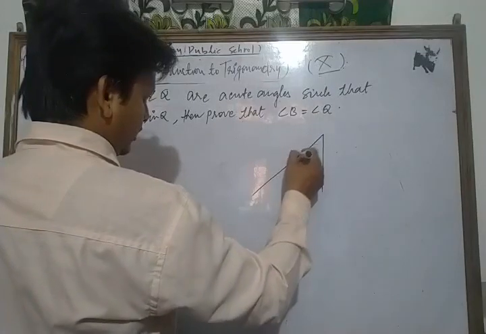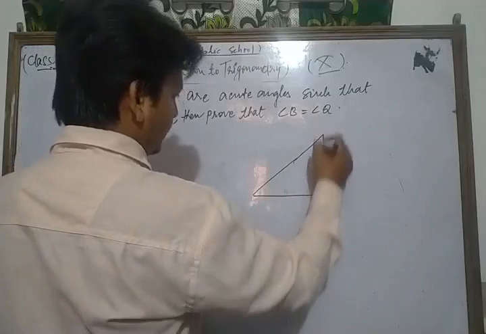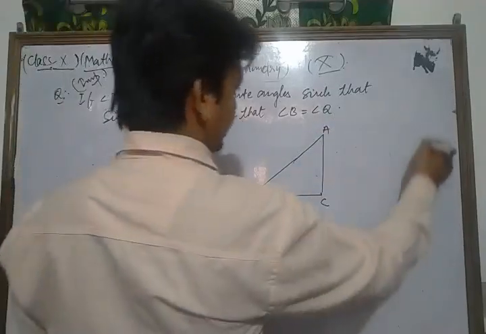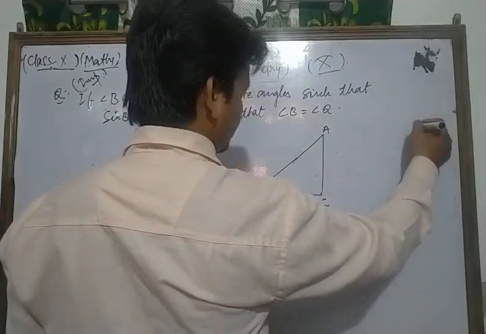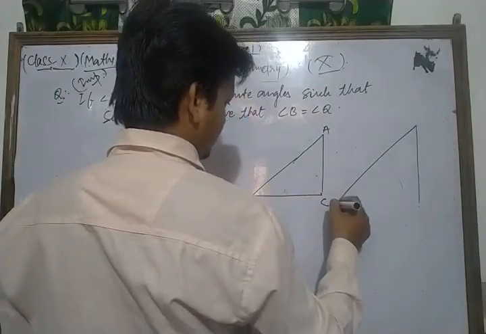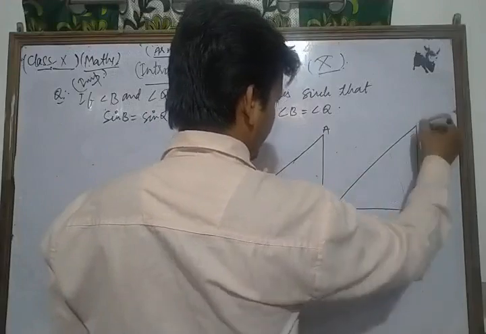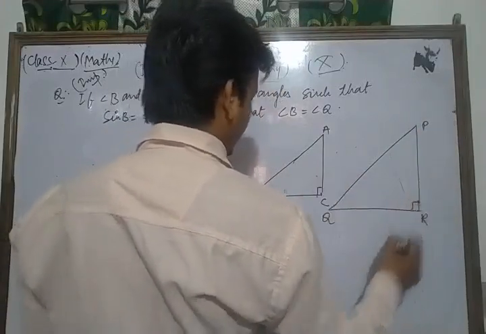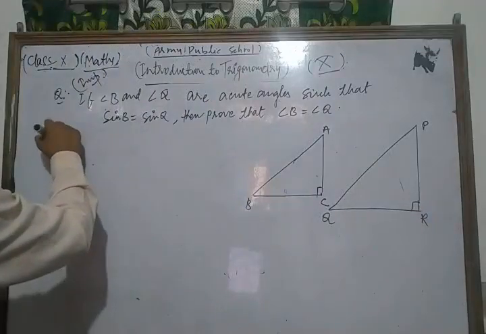So firstly we draw two triangles ABC and PQR. Okay, so here let's see its solution.